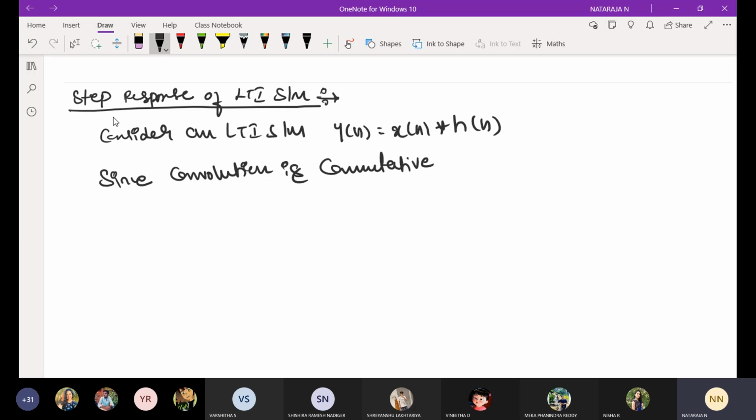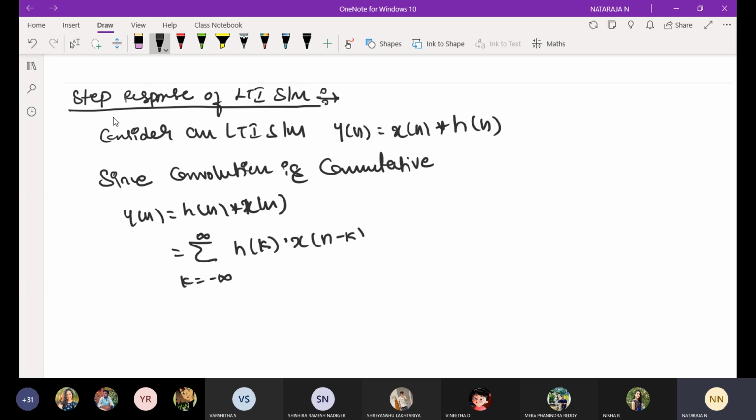Based on that, I am going to write y of n is equal to h of n convolved with x of n. With respect to the equation, summation k equal to minus infinity to plus infinity, I can write h of k into x of n minus k.